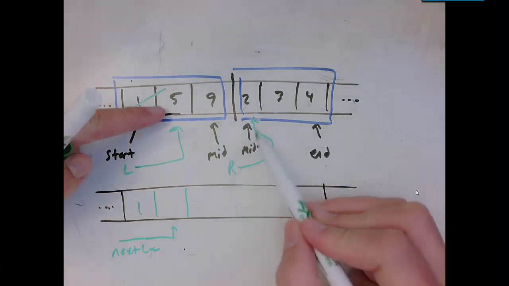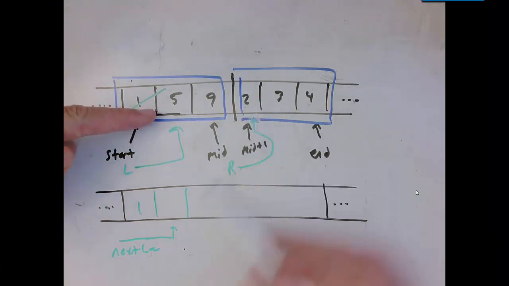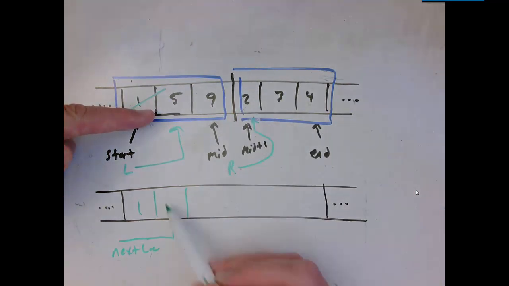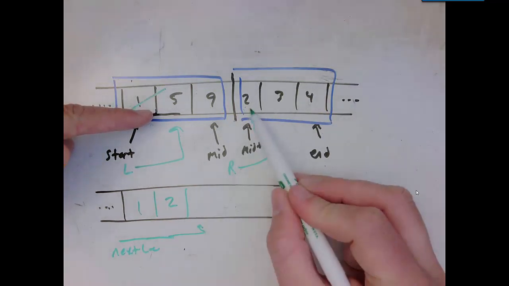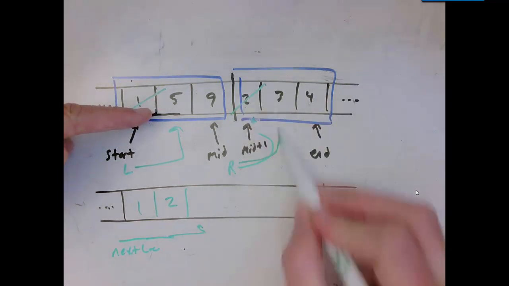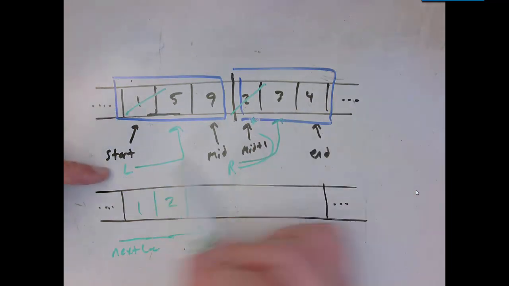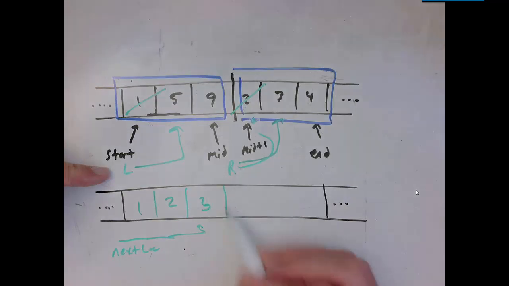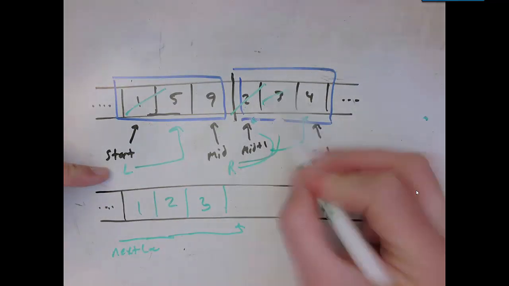And so now I'm comparing left and right. This time right is smaller, so I'll copy the value at right into the index next loc. I increment next loc. I increment right because I've already copied that one. So now I compare again the value at left and the value at right. Right is smaller, so we assign it. Increment, increment.